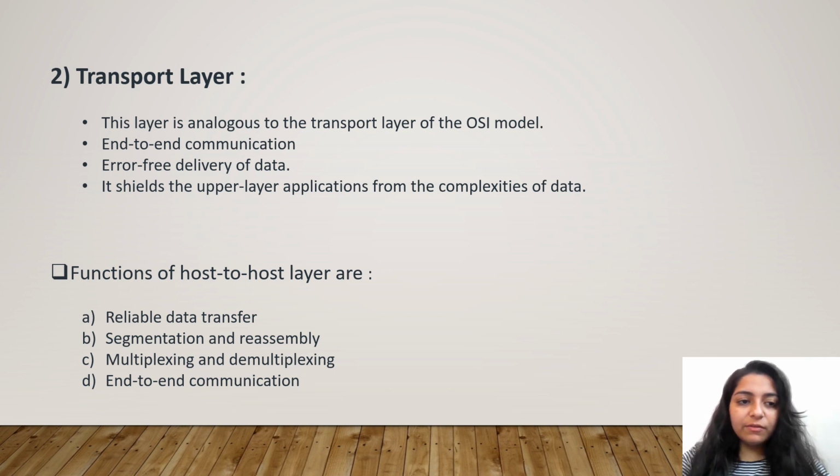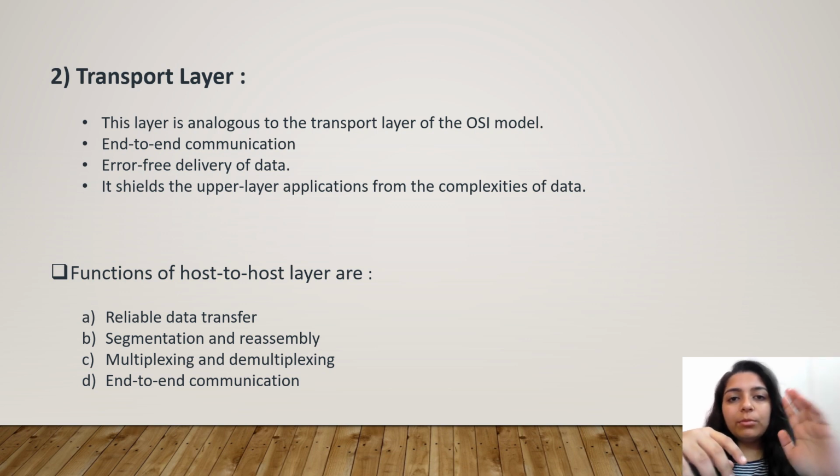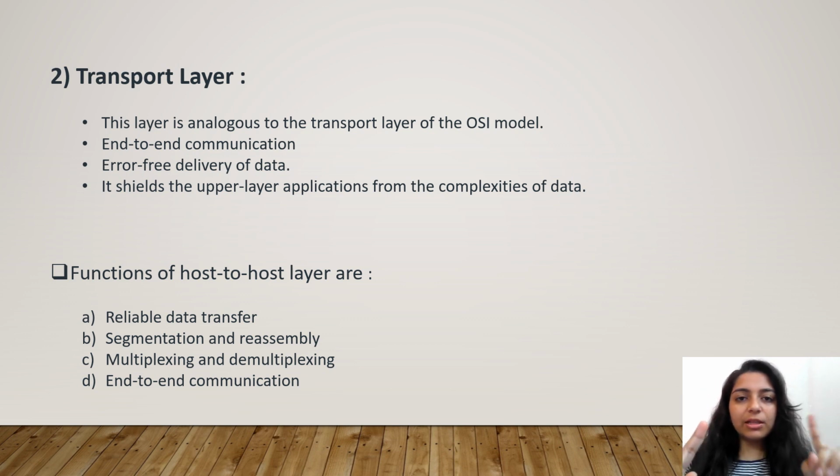Now, what is the working of the transport layer? We'll understand that. If a user wants to send data from A to B, two machines over the same network, A is our sender and B is our receiver. So A will break the block of data into smaller segments.